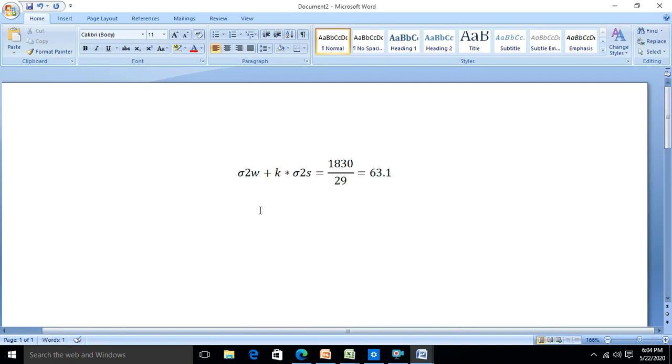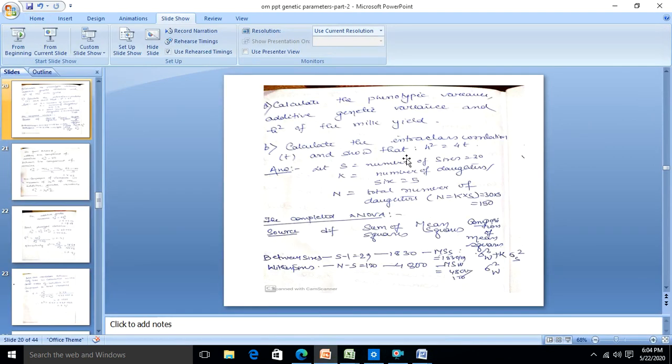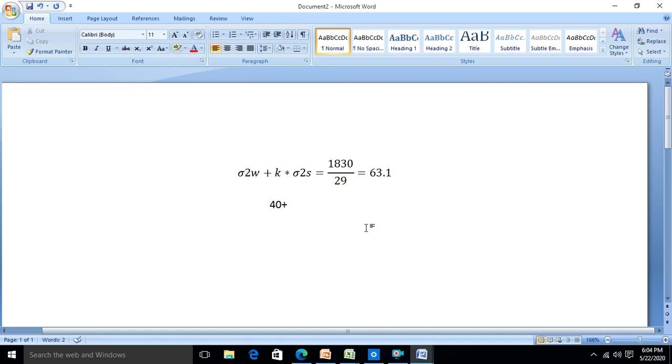Substituting it over here, you can write 40 plus K. The number of daughters per sire is 5, so K is equal to 5.